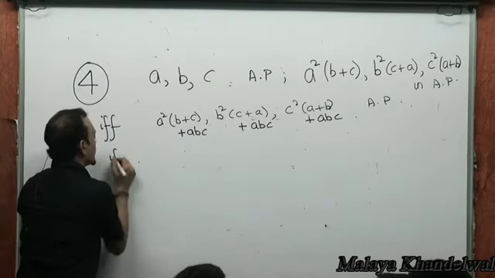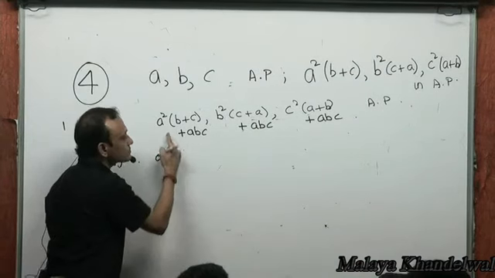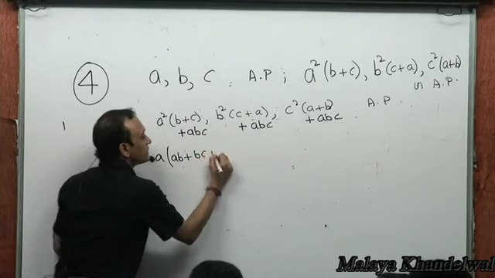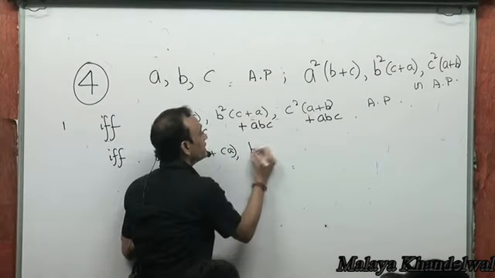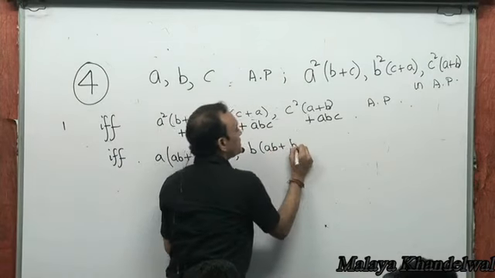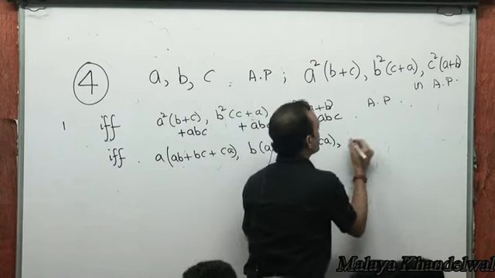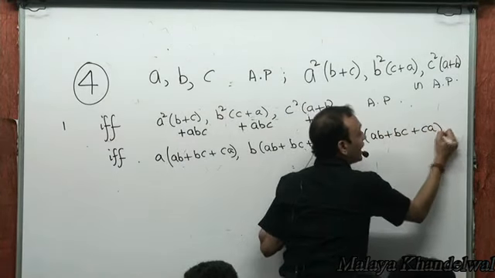This would mean if and only if I take A common from these terms, I get A into AB plus BC plus CA. I take B common, B into AB plus BC plus CA. And I take C common, C into AB plus BC plus CA.